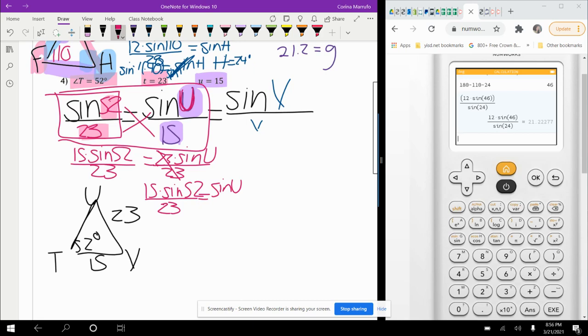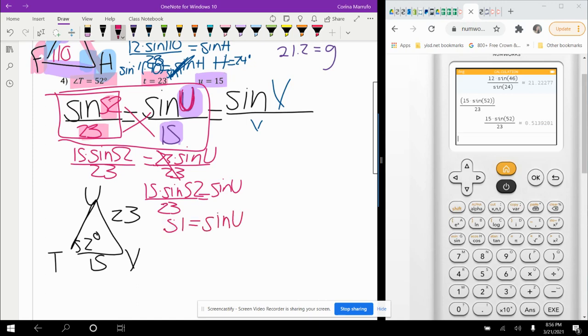I'm going to put that in my calculator. 15 times sine of 52, divided by 23, and I press enter and it gives me 0.51. So 0.51 equals sine of u.